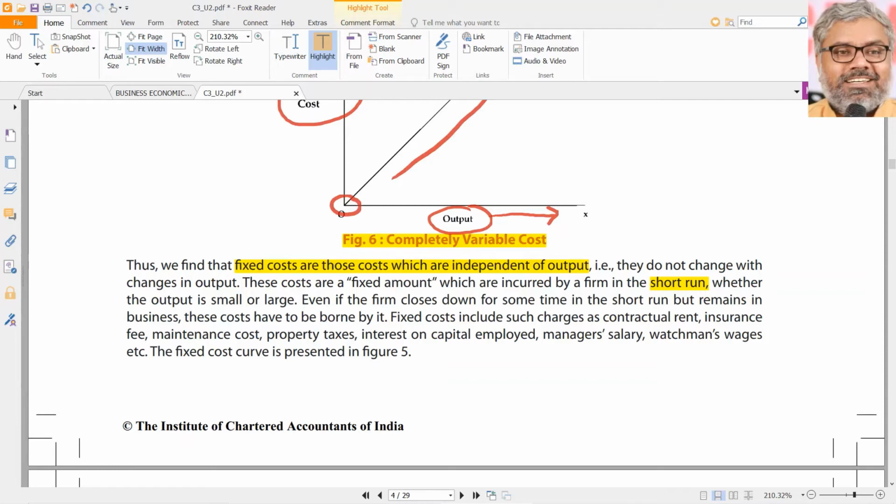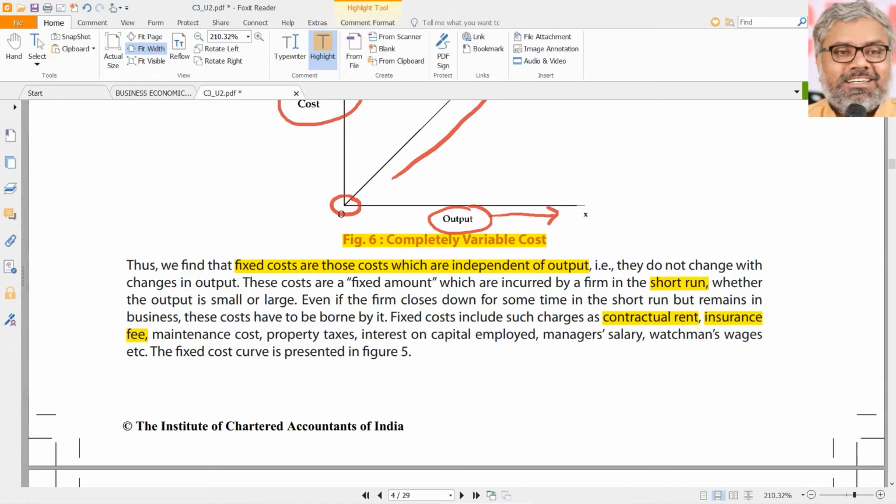Even, for example, if the firm closes down for some time in the short run, but remains in the business, these fixed costs have to be borne, same thing we have already discussed earlier. For example, the rent that is agreed to be paid to the landlord, or insurance that is supposed to be paid to the insurance companies on the assets that the company owns.